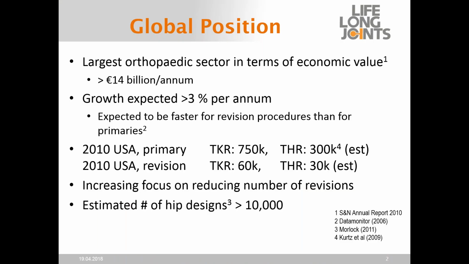Hip replacement and any form of artificial joint actually is the largest orthopedic sector in terms of economic value. It's roughly about £14 billion per annum in terms of worth. The other 50% is around things like fracture fixation plates, fixation pins, and so forth.